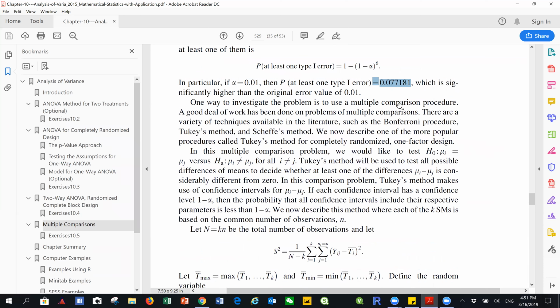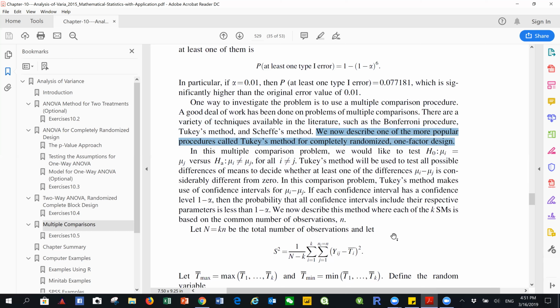Okay, so that shows you why we need to consider it. There is a variety of techniques available in the literature, such as the Bonferroni procedure, Tukey, and Scheffé methods. Here we limit our attention to only one, which is Tukey.